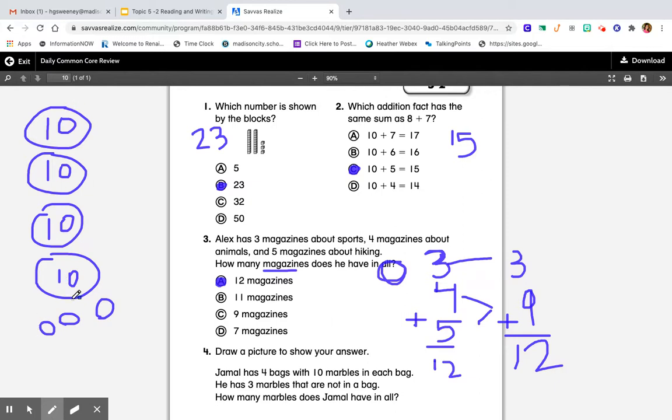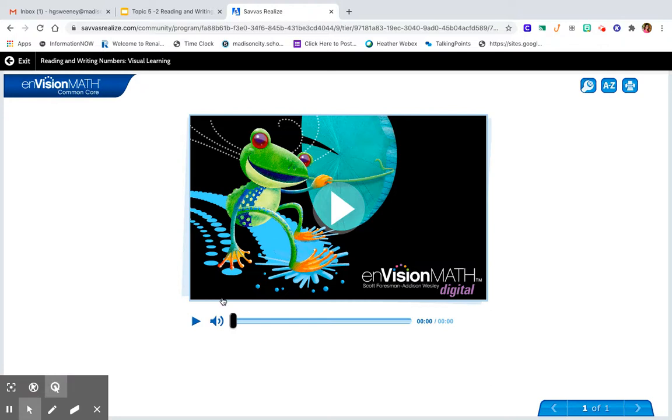So 40, 41, 42, 43. So Jamal has 43 marbles in all. Now we are going to watch the video for today's lesson, Reading and Writing Numbers. Let's get started.